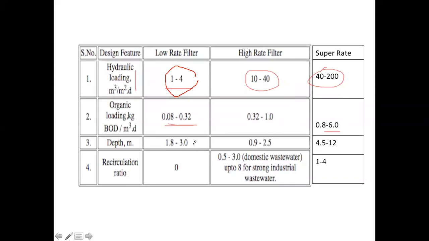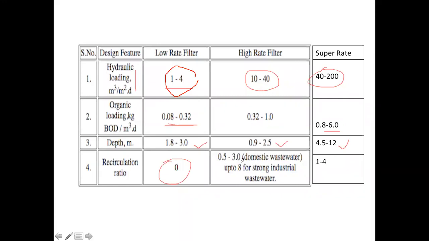The depth which is used here is between 1.8 to 3 meter, and in case of high rate filter, obviously the depth will be a little bit less, and in case of super rate filter, this will be 4.5 to 12 meter. And the recirculation is also a very important thing in case of trickling filter. So in case of low rate filter, recirculation is not used normally, so no recirculation will be there in a low rate trickling filter.